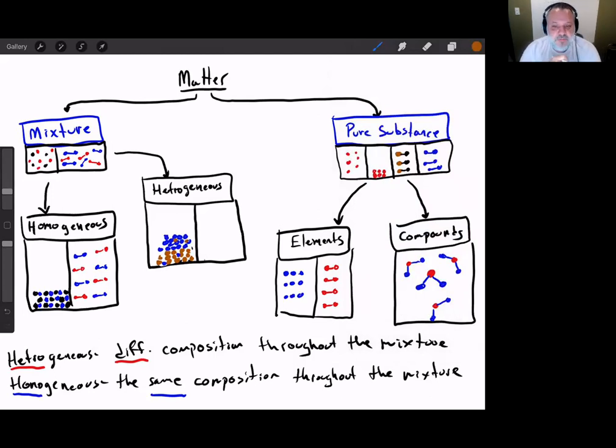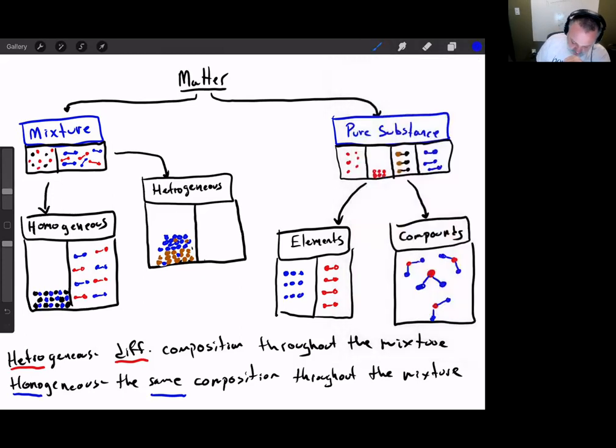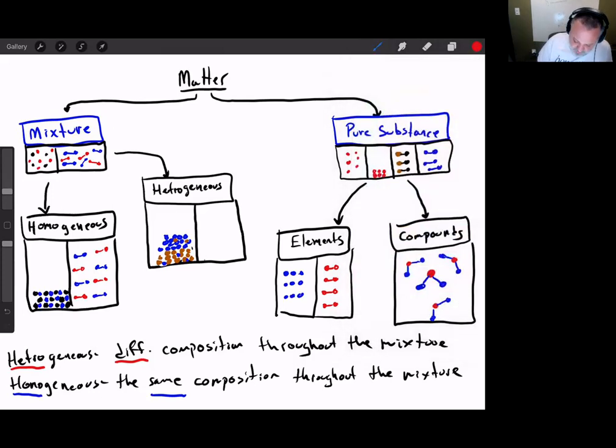There's an example of a solid heterogeneous mixture. There's some mixing going on over here, but the distribution of particles is not the same throughout the composition of the mixture. It could be completely separated though.